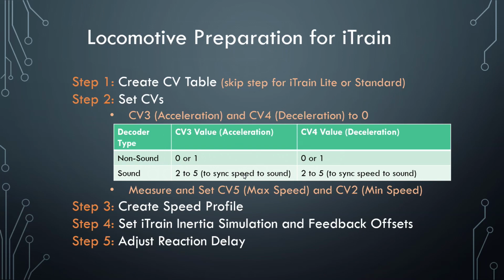Later, after you are successfully achieving proper control of your trains, you can then experiment with different values of CV3 and CV4. For instance, some sound decoders use sounds that are triggered by CV values. Some sound decoders may use the value of CV4 to trigger the brake sound when CV4 is above or below a certain threshold.